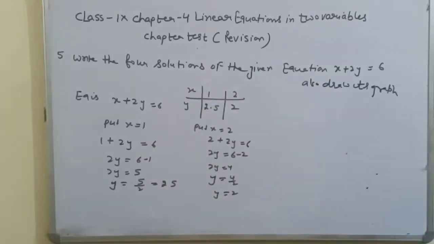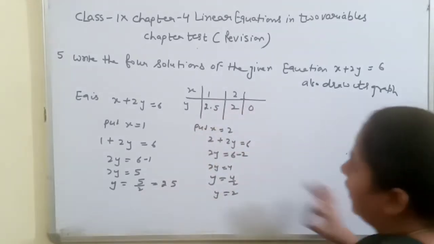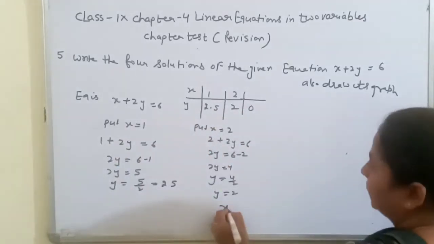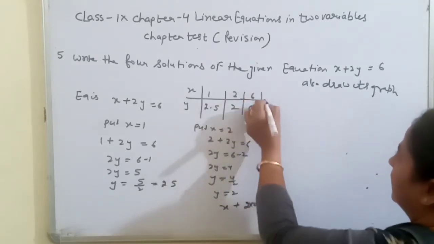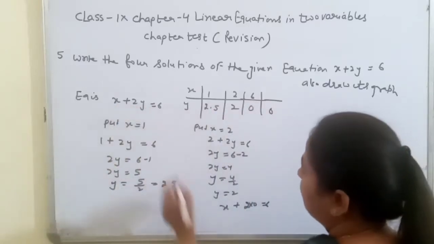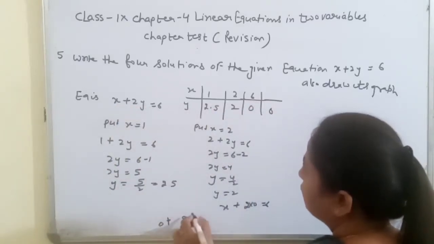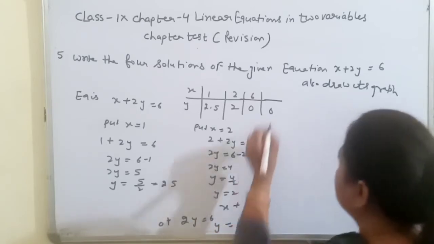Third, let's take y is 0. When y is 0, x is 6. Next we can take x is 0. When x is 0, what is the value of y? 2y equals 6, y equals 6 by 2, which is 3.